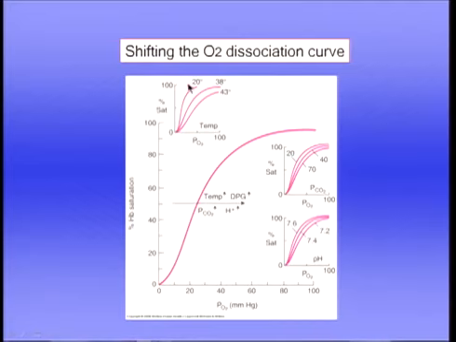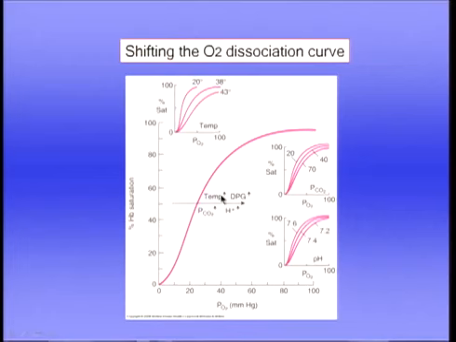So if we have an increase in temperature, an increase in PCO2, or an increase in hydrogen ion concentration, the curve shifts to the right, and the various plots are shown here. Now you may find it difficult to remember that, but I don't, because I remember just one thing, and that is in exercising muscle, the temperature increases because of the metabolism, the PCO2 increases because the exercising muscle is producing lots of CO2, and the hydrogen ion concentration increases because of the increase in PCO2 and perhaps an increase in lactate as well.